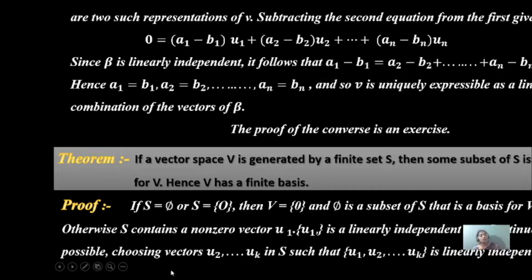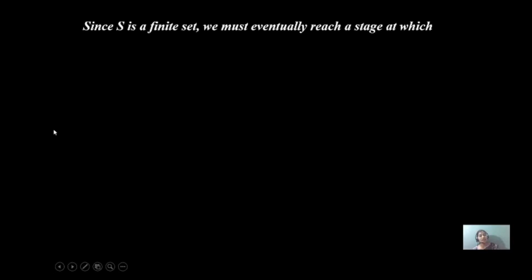Continue if possible, choosing the vectors u1 to uk in S, which is a finite set, such that u1 to uk is linearly independent. This linearly independent form is considered as S for generating the value of the finite set, V equals 0 for this form.